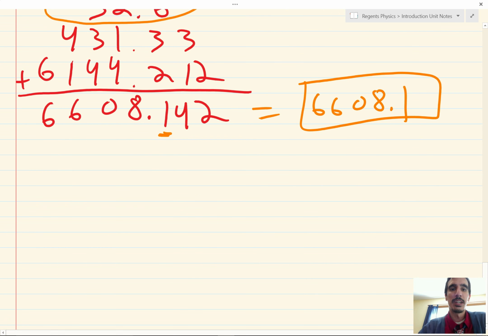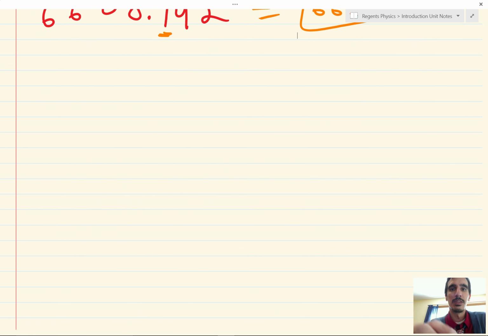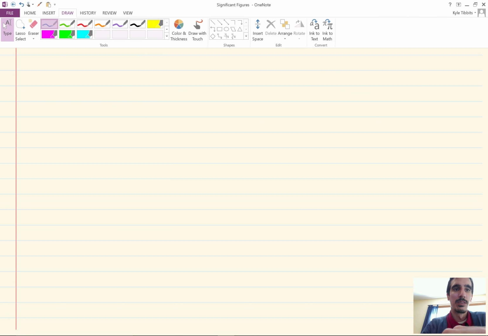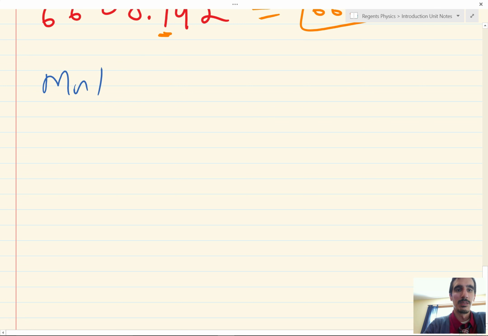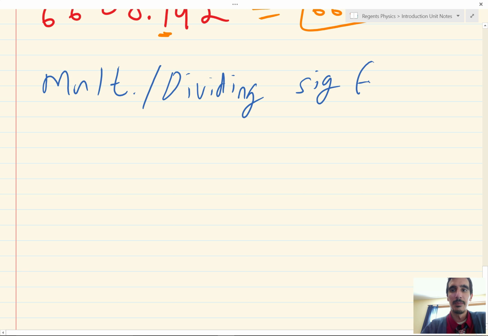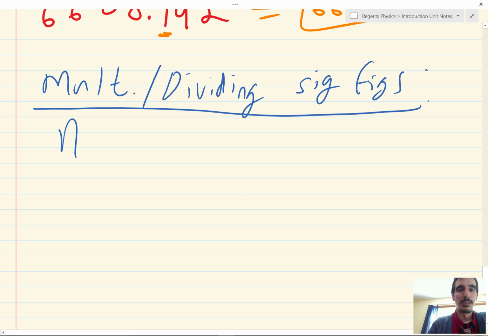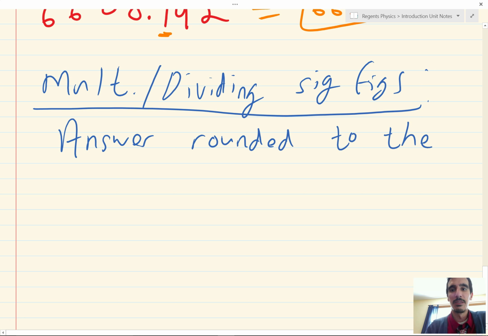All right, let's look at multiplying and dividing sig figs. This time our answer is rounded to the number with the least amount of sig figs.